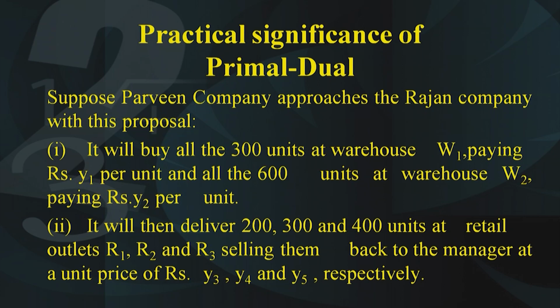It will buy all the 300 units at warehouse W1 by paying rupees Y1 per unit and all the 600 units of warehouse W2 by paying Y2 rupees per unit, and secondly it will then deliver 200, 300 and 400 units of retail outlet R1, R2, R3 by selling them back to the manager at a unit price of rupees Y3, Y4 and Y5 respectively.